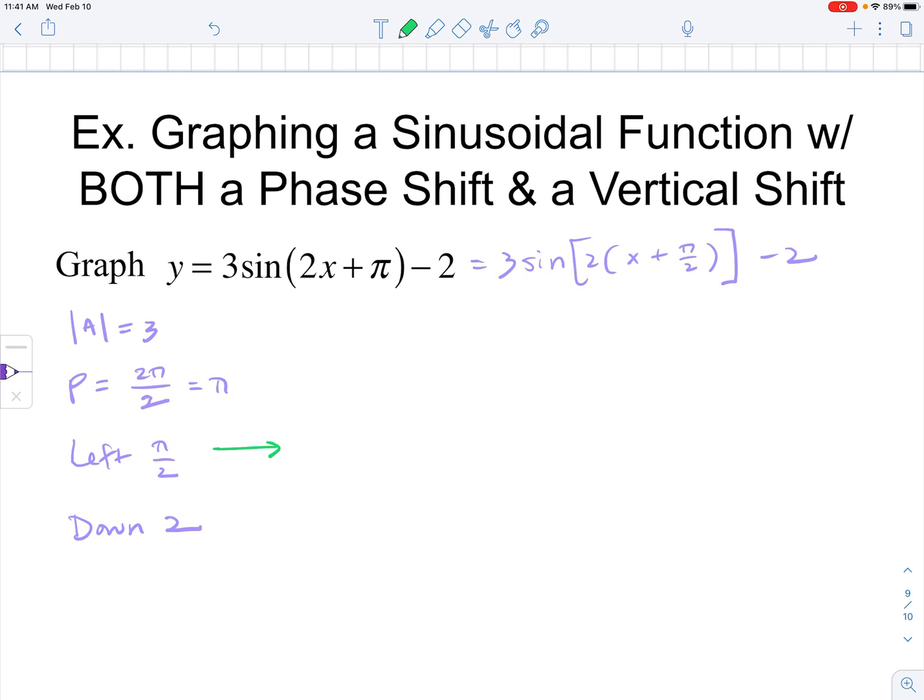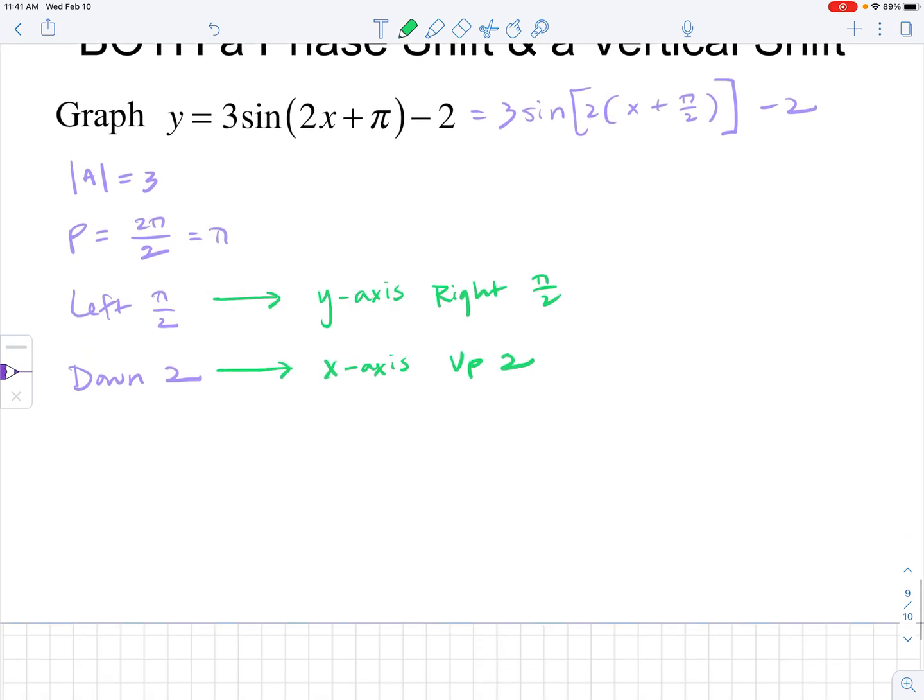That means to perform the horizontal shift, I'm going to move the y-axis right pi over 2. And I'm going to move the x-axis up 2 for the vertical shift.